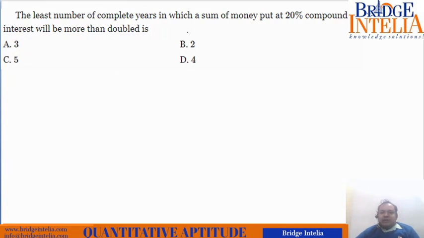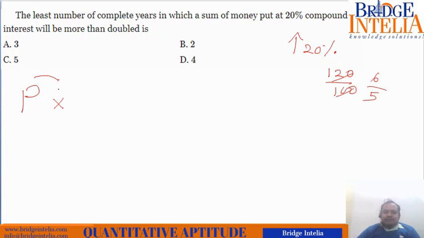The least number of complete years in which a sum of money put at 20% compound interest will be more than doubled. So 20% compound interest. Each year the value is increased by 20%. So what is the multiplication factor? 100 plus 20, 120 by 100. So P gets multiplied by 6 by 5 each year.